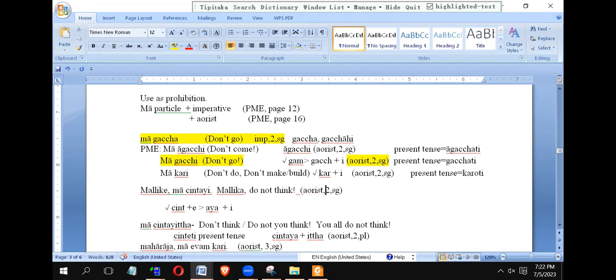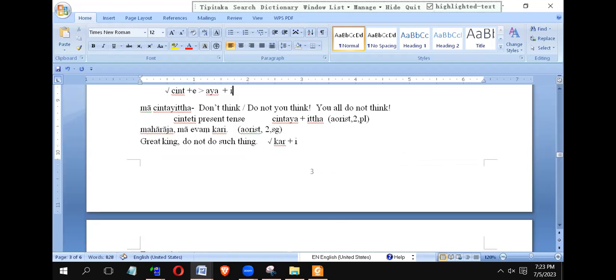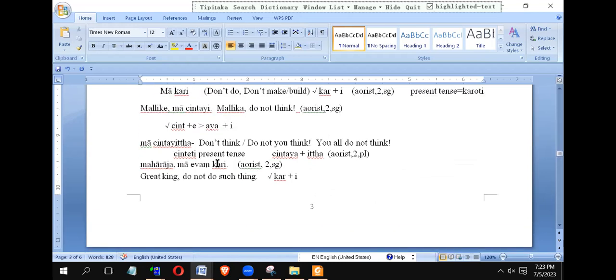So this aorist is second person. Maharaja, a 1, sorry, they are also second person. So, great king, you don't do or act or make, something like that.